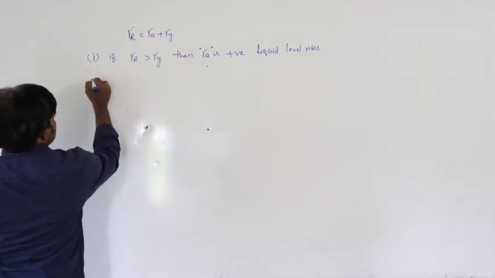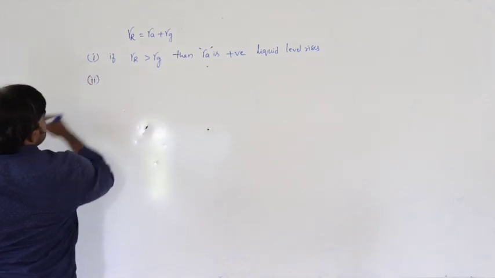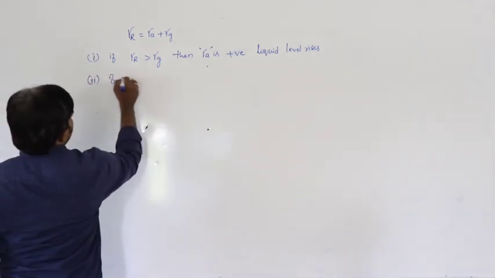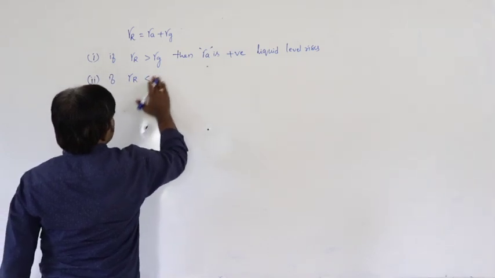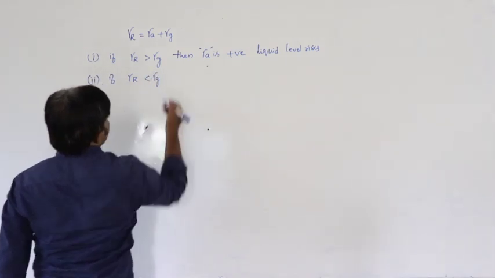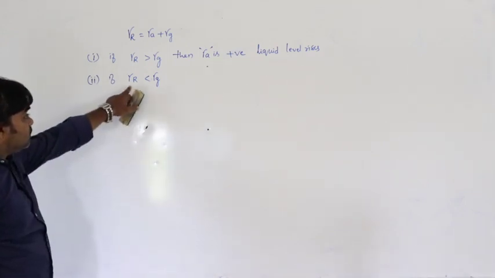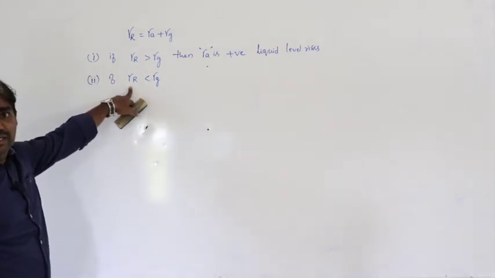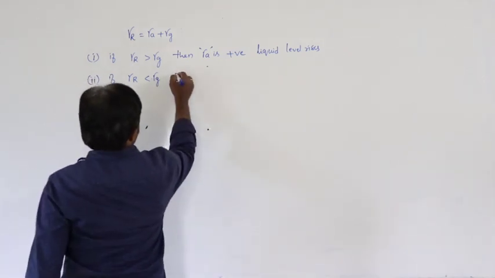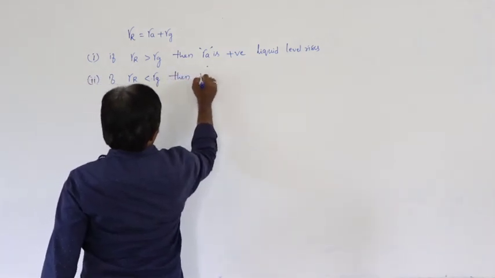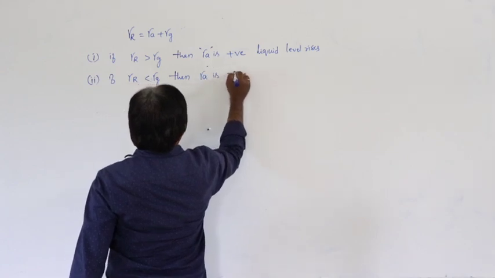Next, second condition, if gamma R is less than gamma G, for example, the coefficient of real expansion of the liquid is less than the coefficient of volume expansion of the glass, then gamma A is negative.